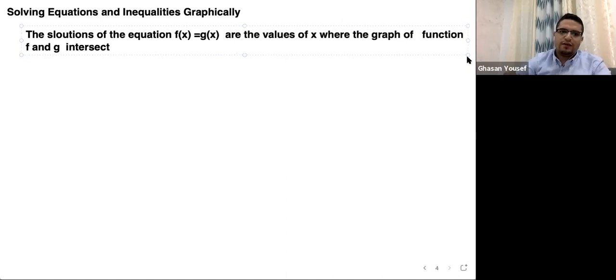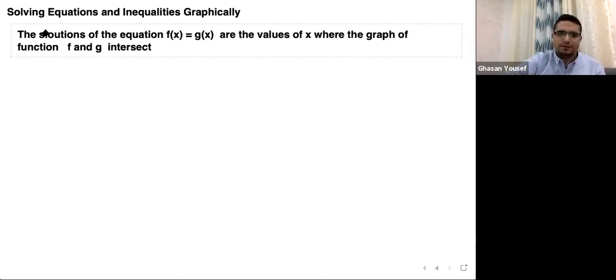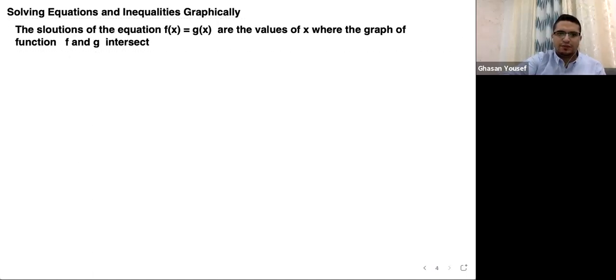So to find the solutions of the equation f of x equals the second function g of x, we look for where the two functions intersect. This is the first point we have to know. The second point we have to know is the solutions, with the same idea here.